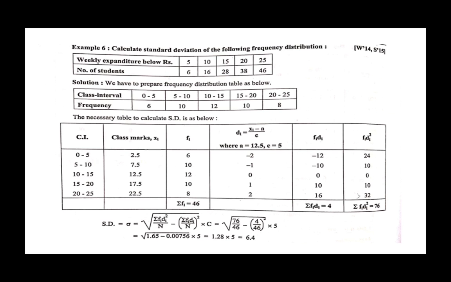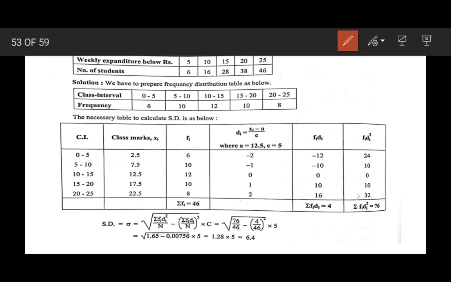See one more example of standard deviation. Again, what is given? Calculate the standard deviation of the following frequency distribution, right? But what is given? Weekly expenditure below rupees, the word below is given, and the number of students is increasing.